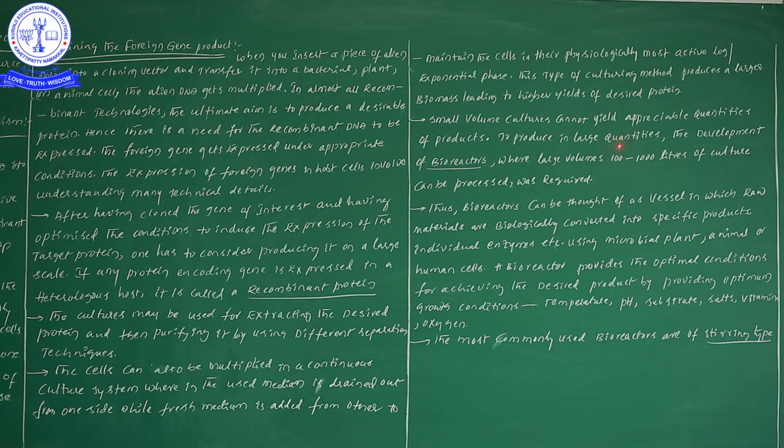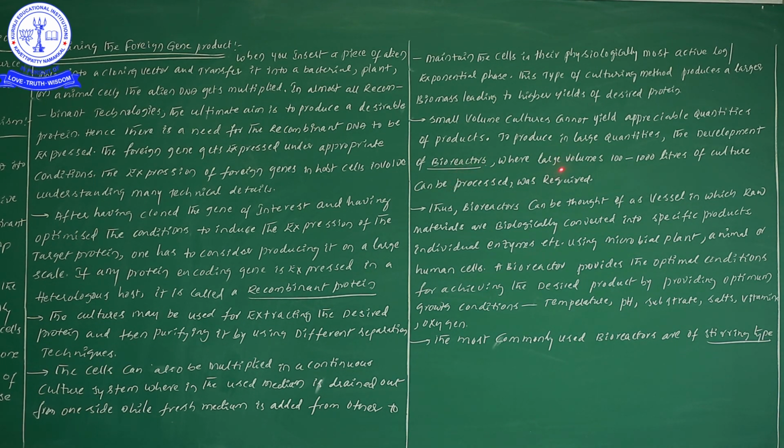Suppose you would like to get more proteins, so to produce large quantities, we need the development of bioreactors where large volumes, approximately 100 to 1000 liters of culture, can be processed. If you would like to get a higher yield, you can use bioreactors.